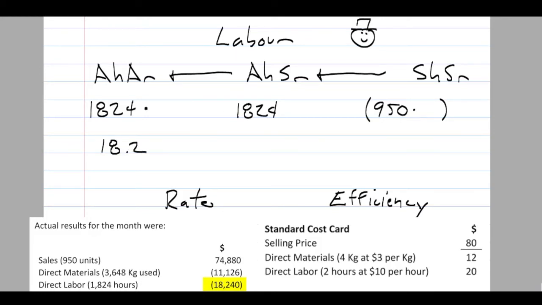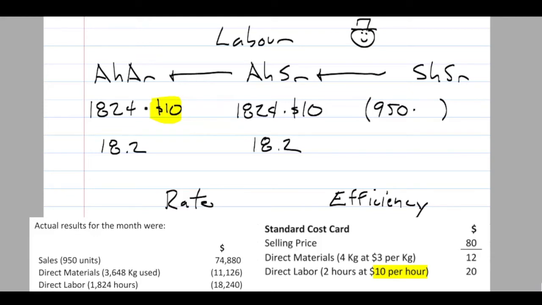So we can then reverse engineer that figure right here, right? That's going to be $10 per hour. The standard rate of pay also happens to be 10. So look at that. The AS figure is 18.2.